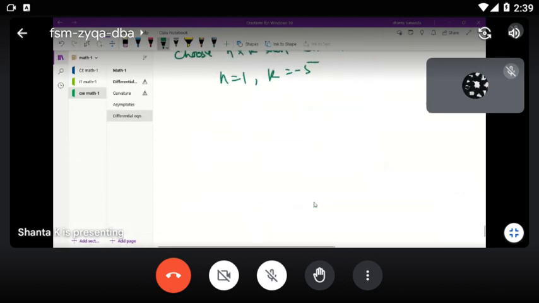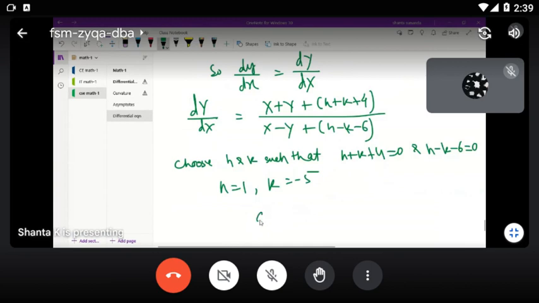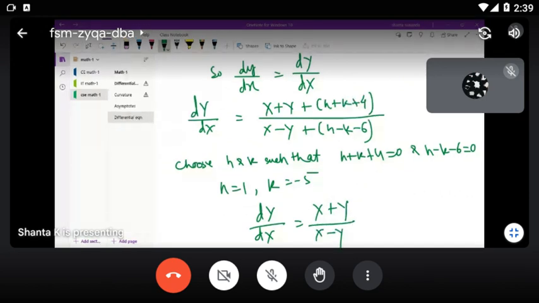Okay, so if these two constants are 0, now our differential equation is (X plus Y) by (X minus Y). So now it's a homogeneous differential equation.